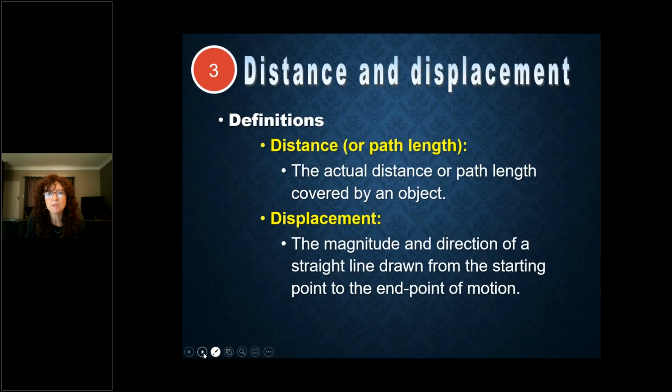All right. Now, what are we going to look at? Distance and displacement. Yes, you need to understand the difference between distance and displacement. If we ask distance, you're not going to give any direction. If you give any direction, you will not get any marks. So make sure that you know the terminology. The one is the scalar, the other one is the vector.